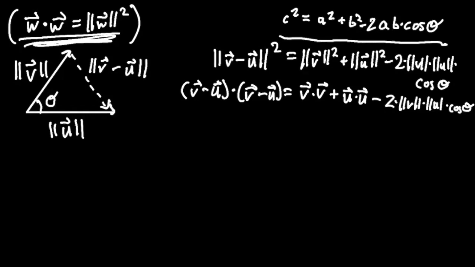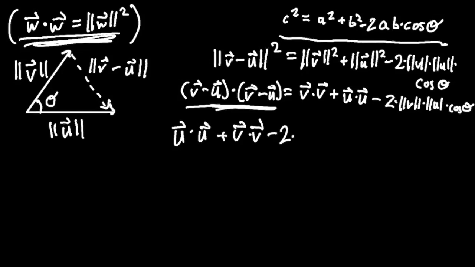Okay, then if we distribute this left side, so FOIL or area model, we end up with the dot product between U and U, the dot product between V and V, and then subtracting 2 times the dot product between U and V equals this entire right side.